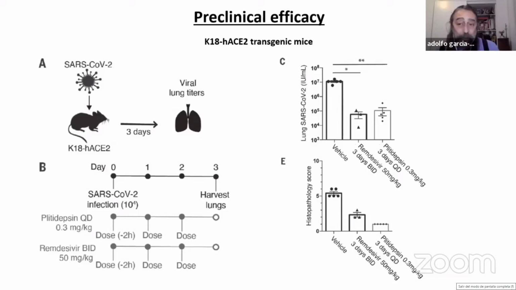SARS-CoV-2 binds with the spike to human ACE2 to enter the cells, and human ACE2 is required for entry. Mouse ACE2 is a little bit different from human ACE2, and the spike of the virus is unable to use this receptor. But if you make mice express human ACE2, these transgenic mice, now the virus will replicate in mice, and actually replicates to high titers in multiple organs.